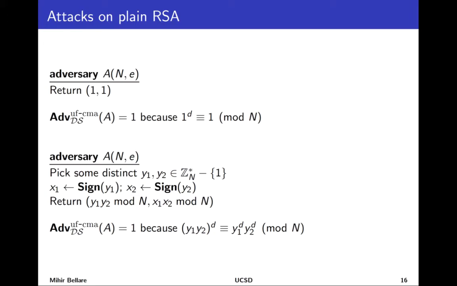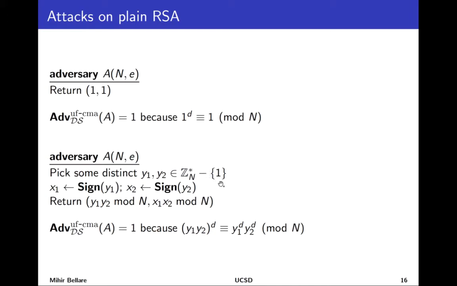That means I have to find some message and a correct signature of it. The only choices of message excluded are y1 and y2. If I output one of those, I'm not going to win. So I just use the product y1 y2. By this equation, its signature is just the product of these 2 signatures, so I can compute it. And again, by the same equation, this will work. So this adversary will win the game with probability 1.